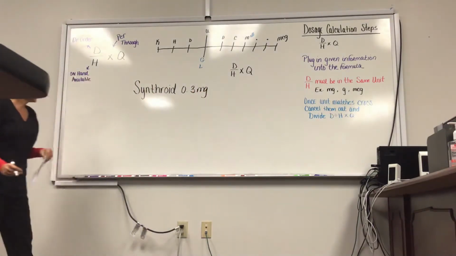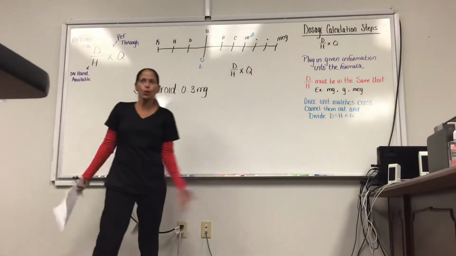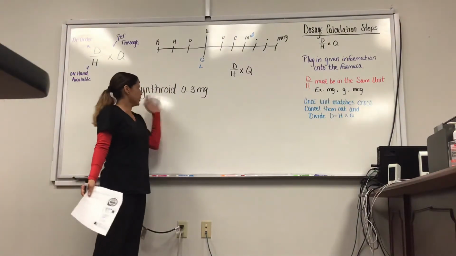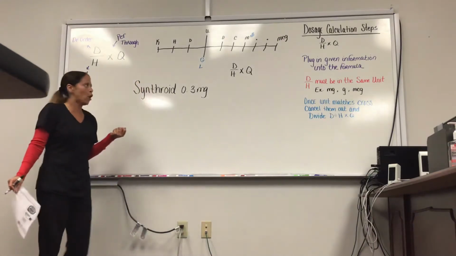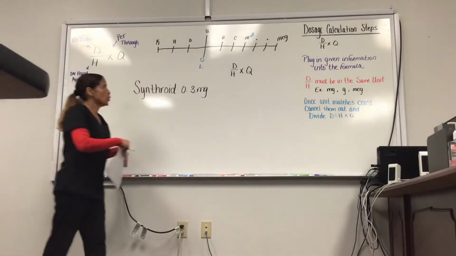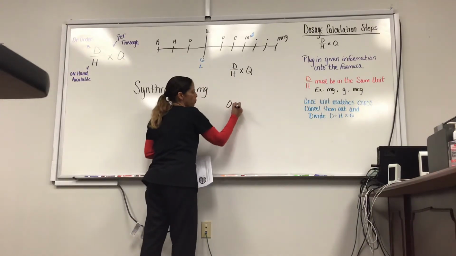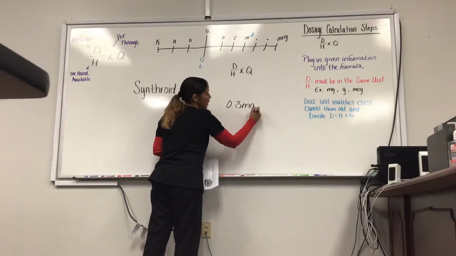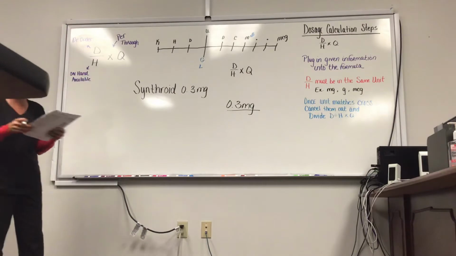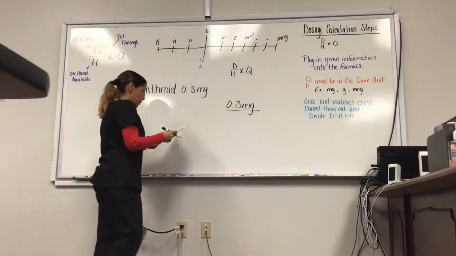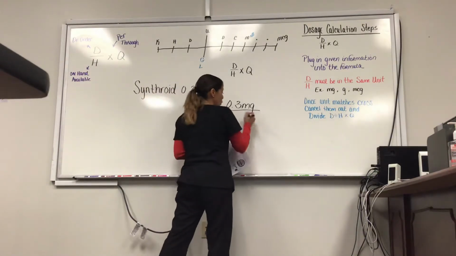Okay? So let's start plugging that in. So the doctor says, you know, Mr. Smith in room 1, he needs Synthroid 0.3 milligrams. You go and check, and you see that we only have micrograms in there. So we're going to take what the doctor desires, 0.3 milligrams, and then we're looking at our box, and it says how much? 150 micrograms.